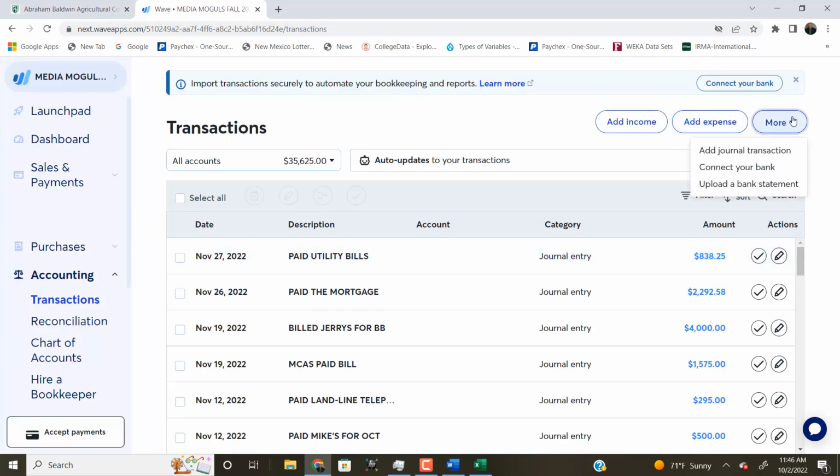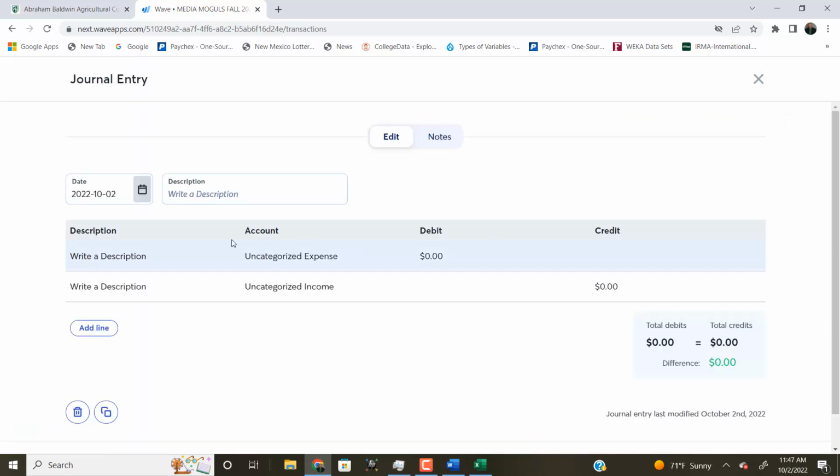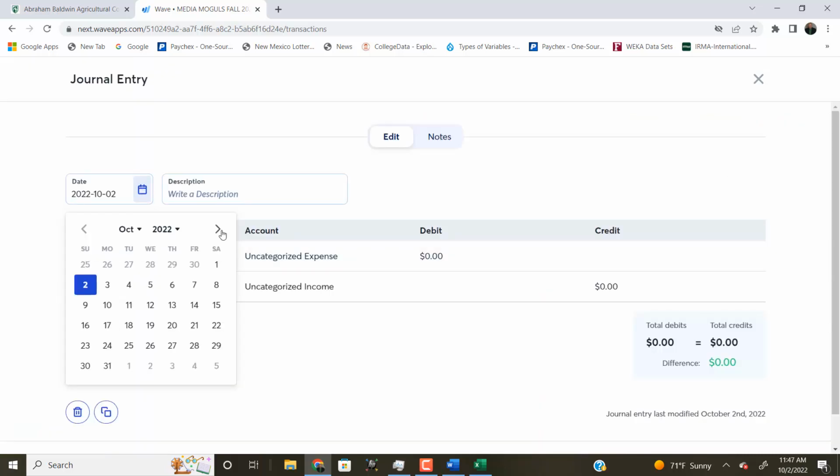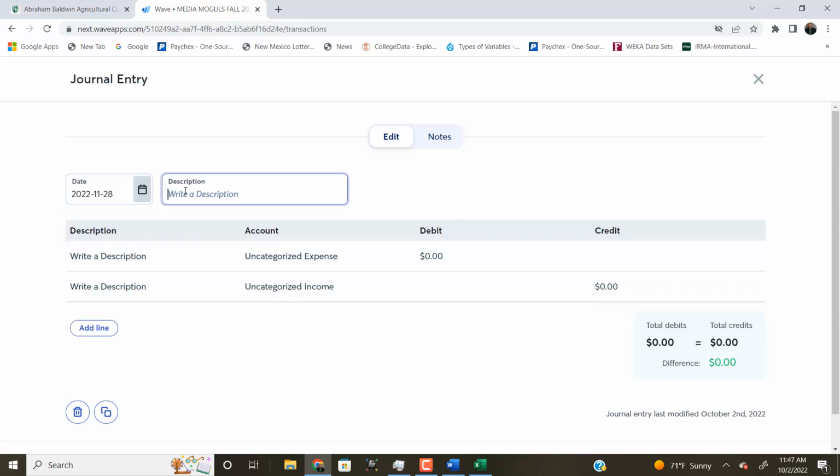Back over in Wave. Add a journal transaction. October, November. I think it's 28th. Paid monthly payment on vehicles.